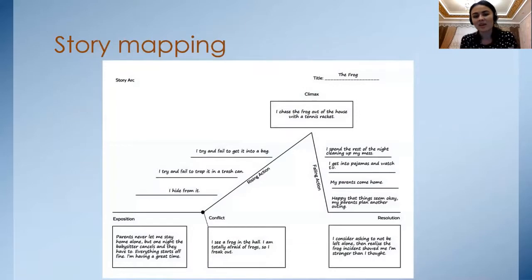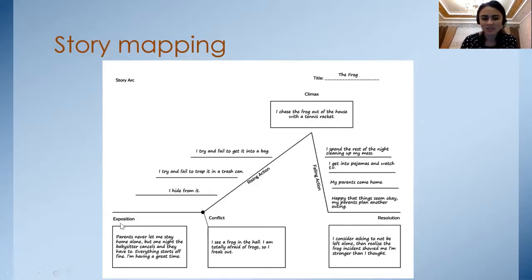Story mapping. After we have identified our central topic, after we have researched on that topic and watched some examples, now we can map our stories. Story mapping is basically writing small parts of the story.